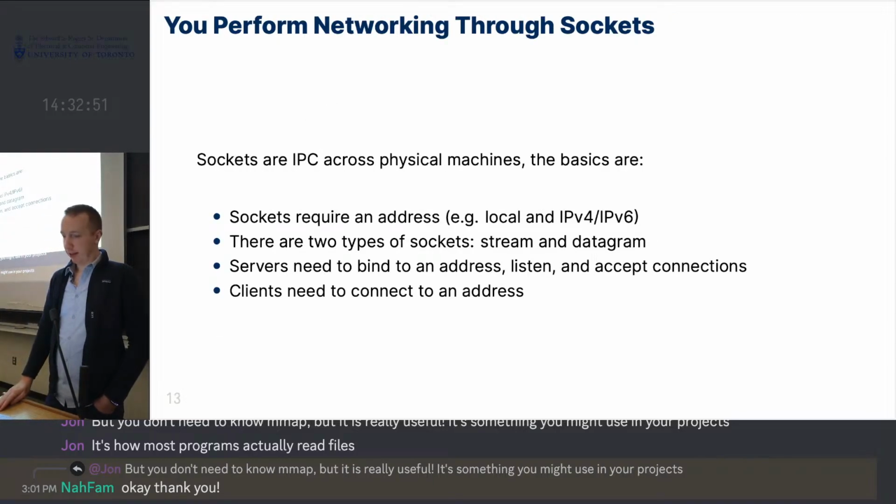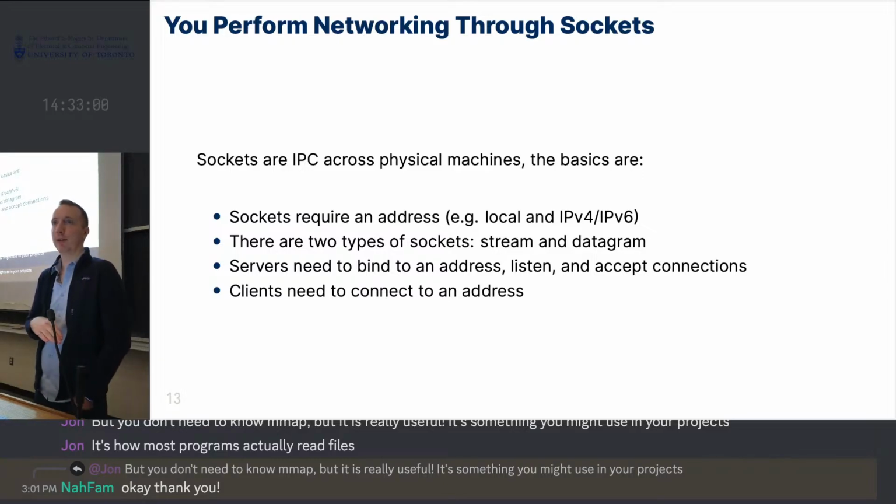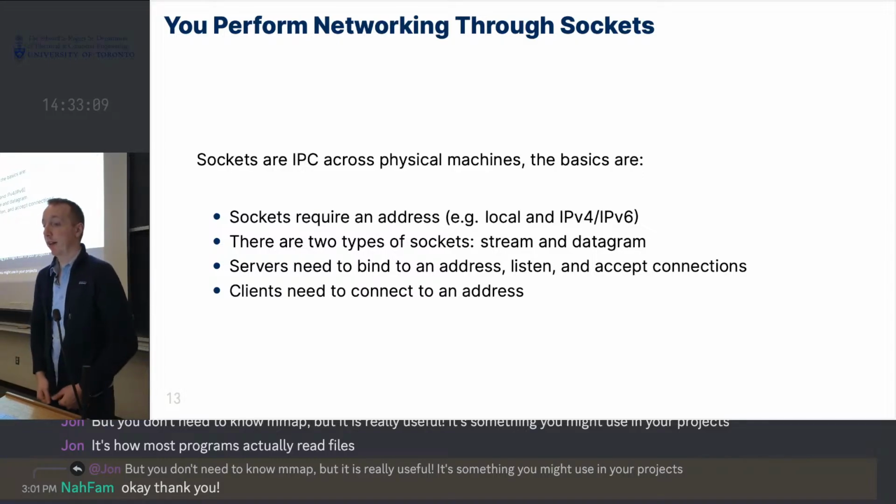So I guess that's it. You perform networking through sockets. Everything's a system call. You can strace everything. If you don't believe me, I recommend you never believe me. You can just always strace things yourself if you really want. So strace Chrome, see what happens. But sockets are the actual IPC that communicates across machines.